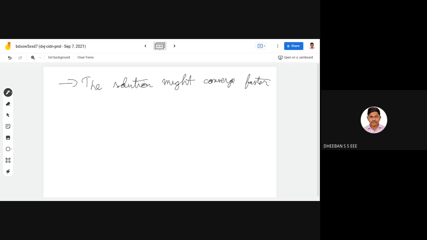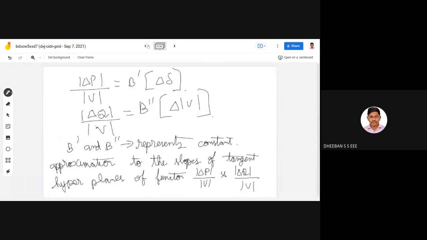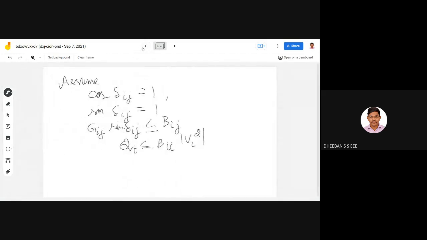So hence your method nearly converges in 2 to 5 iterations fairly. Also, the speed is 3 to 5 times greater than that of your Newton Raphson methodology.